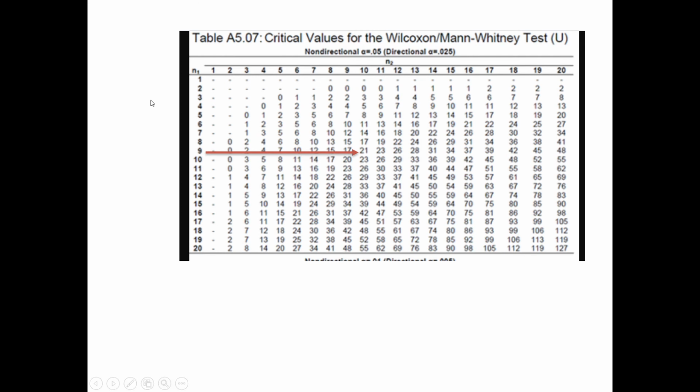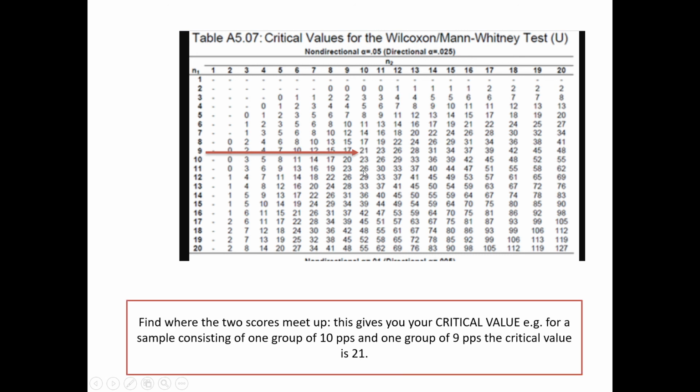And again, here we have a group of 10 and a group of 9, but you will notice that we have a different critical value here. The critical value this time is 21. This is just because it's a non-directional, two-tailed hypothesis.